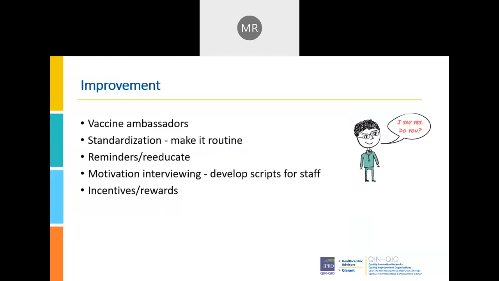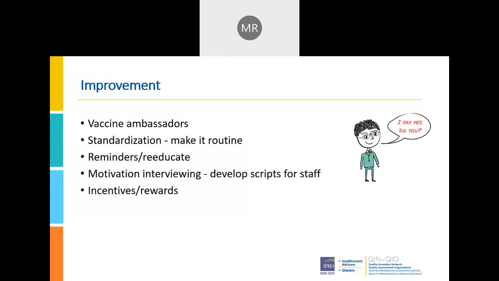Other areas that we've learned have been really successful: vaccine ambassadors, and that does not need to be the administrator and the director of nursing. Maybe you have a wonderful resident that would want to be the vaccine ambassador. It can be whatever works for your facility. Standardization, make it routine.